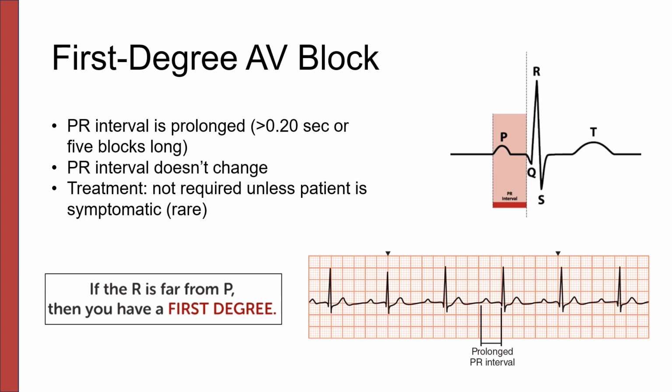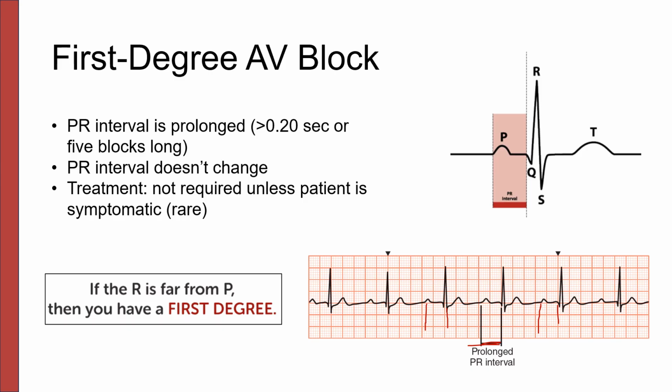If we were to measure the PR intervals, like here, it's going to be more than 0.2 seconds. And if we measure every PR interval in this rhythm, they're going to be exactly the same. So with first degree AV block, the PR interval is prolonged, so it's going to be bigger than a bolded box, and they're going to be the same.